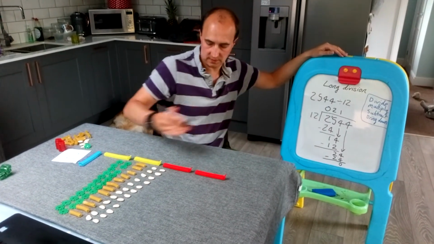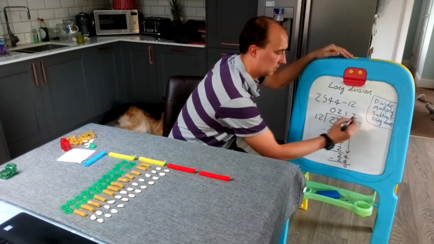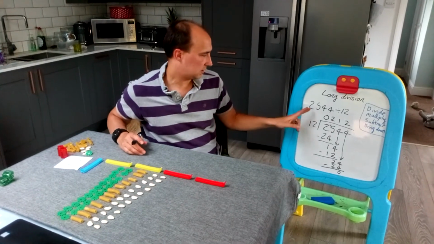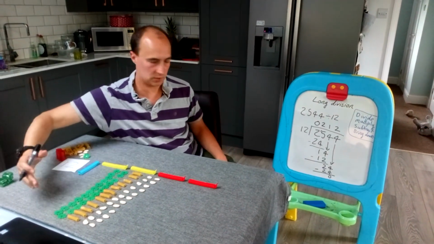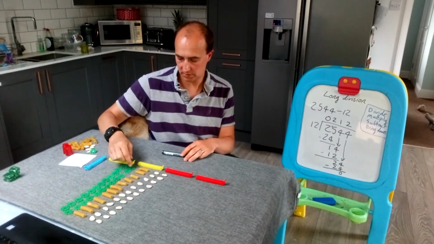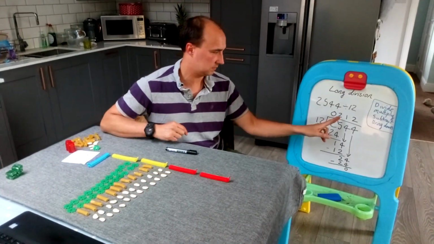Then all I have to do is think, I've got 2 ones in the ones column, so that's my 2. So finally, just check, we've got 2,544, we've divided it by 12 equal groups, and each group has 212.